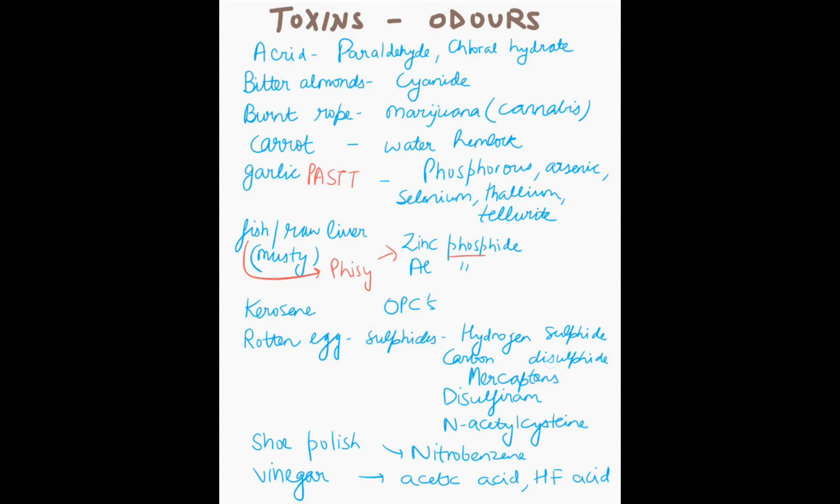So let's revise again. Acrid is for paraldehyde and chloral hydrate, bitter almonds for cyanide, burnt rope for cannabis, marijuana, carrot for water hemlock, then garlic for phosphorus, arsenic, selenium, thallium, tellurium, fish or raw liver for phosphides, zinc phosphide, aluminium phosphide, kerosene for OPCs, rotten egg for sulfides, hydrogen sulfide, carbon disulfide, mercaptans, disulfiram, and N-acetylcysteine.